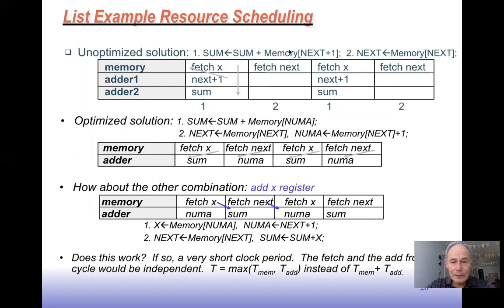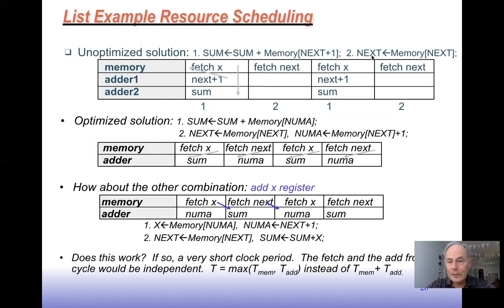On the first clock cycle, we do sum gets sum plus memory of next plus 1. We use adder 1 to compute next plus 1 in this cycle, and then that result gets fed to the memory. The memory fetches the x value. The x value gets sent down to adder 2, and then we compute sum there. So we get to see the data dependencies within one clock cycle.